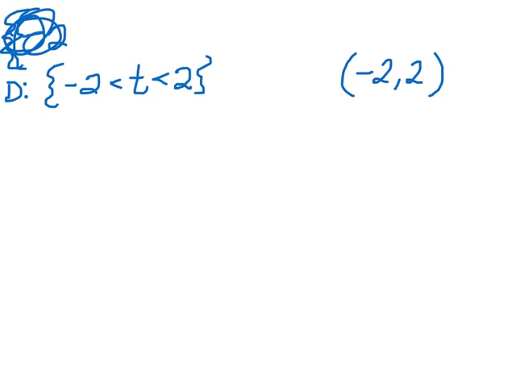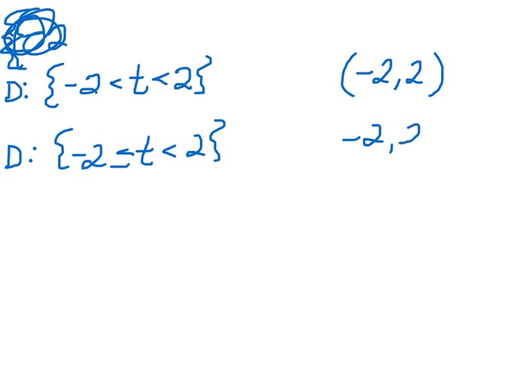Okay? What if it was this? Okay, you know it's going to be -2, 2, right? What will I do to show this equal sign on this end down here?